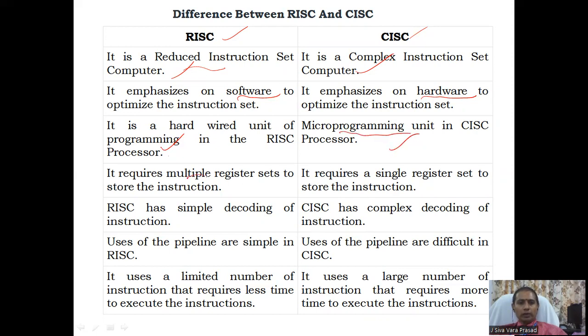RISC requires multiple register sets, whereas CISC requires a single register set only. Decoding is simple in RISC, whereas in CISC it is complex. In RISC the pipelining mechanism is simple, whereas in CISC it is difficult. RISC has a limited number of instructions, whereas CISC has a large number of instructions.